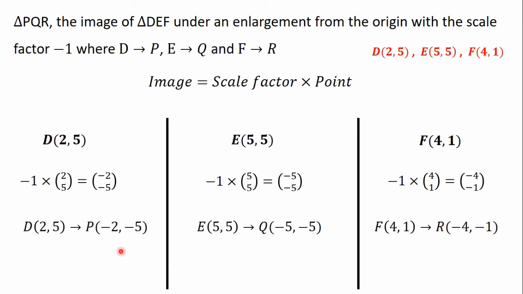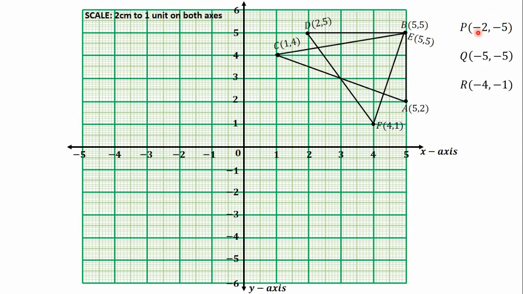We now have the coordinates of P, Q, R, so we can draw the image triangle PQR. These are the coordinates of PQR. Point P has the coordinates -2, -5. So -2 on the x-axis, -5 on the y-axis, and that will be here. Point Q has the coordinates -5, -5. So -5 on the x-axis and -5 on the y-axis, that will be here.